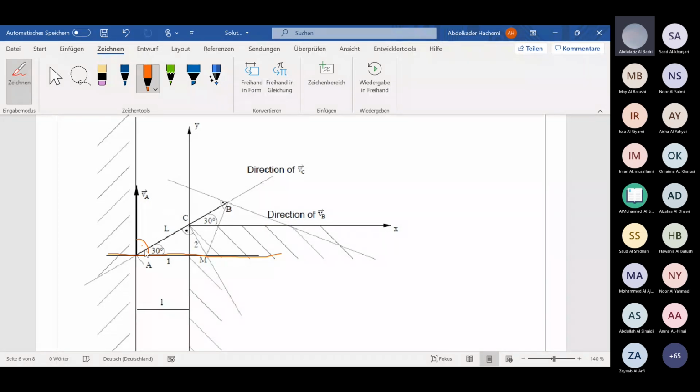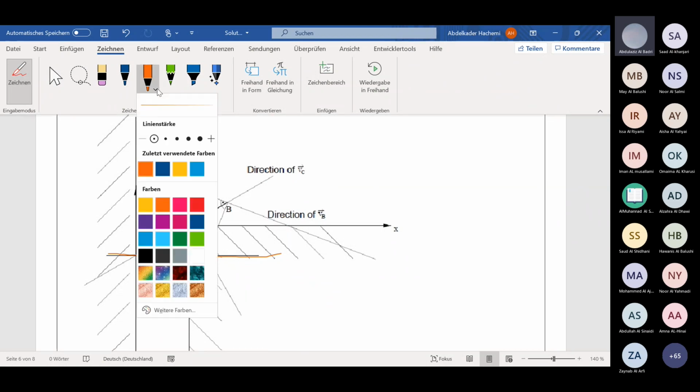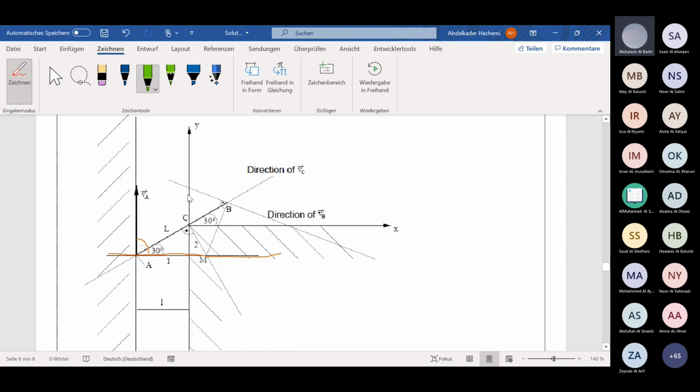Then we get the direction of VC also. I put it here in another color. We have here the direction of VC, and we take the perpendicular to this velocity. Then we have here the angle, which is 90 degrees.